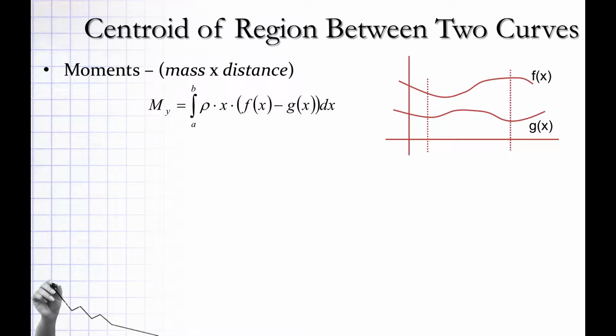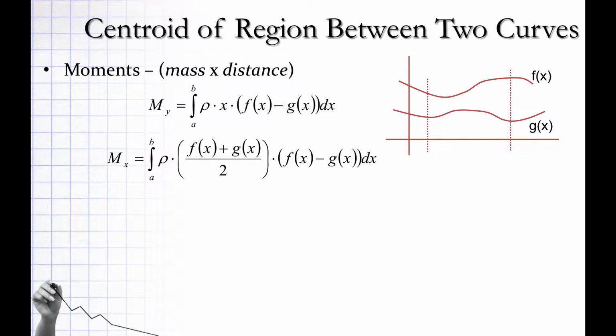So we're going to have area times density to give us our mass, times how far away we are from the x-axis. But how does that tell you how far away it is from the x-axis? Because we take height plus height divided by 2, that gives you the average height of each rectangle. So it's density times midpoint times area.